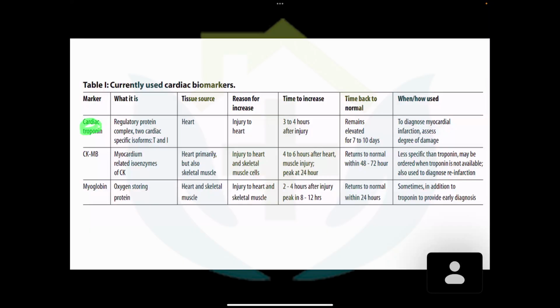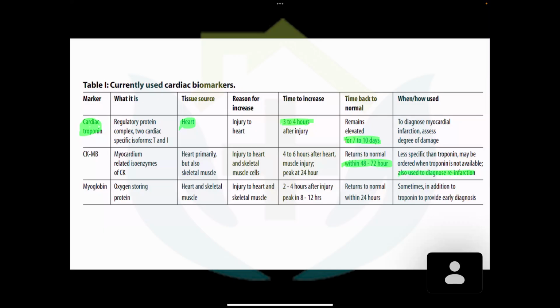So what about cardiac troponin? Tissue source is mostly heart, and time to increase is 3 to 4 hours, remains elevated for 7 to 10 days. Okay, and CKMB, the main point to remember is it returns to normal in 40 to 72 hours, so it is used to diagnose reinfarction.